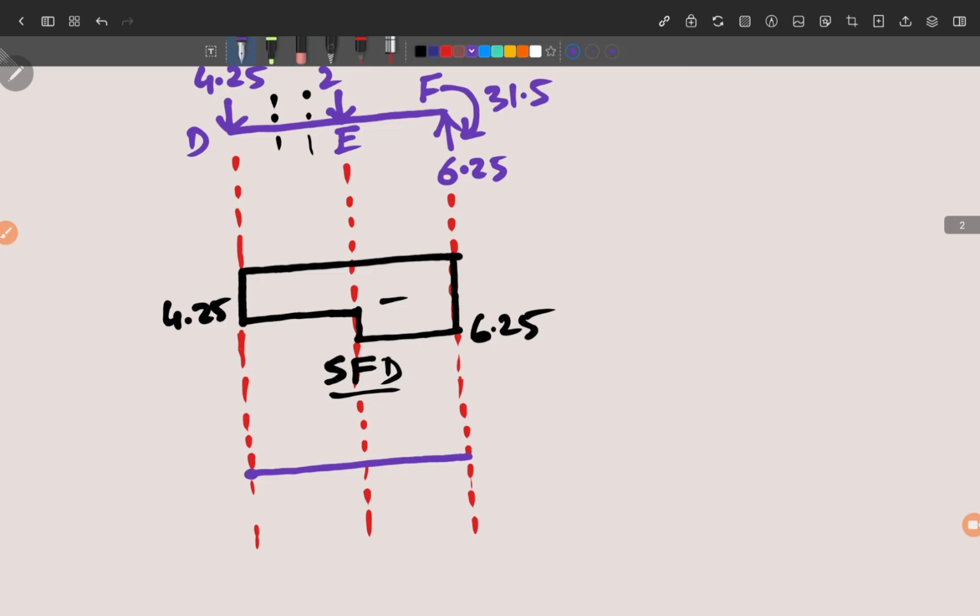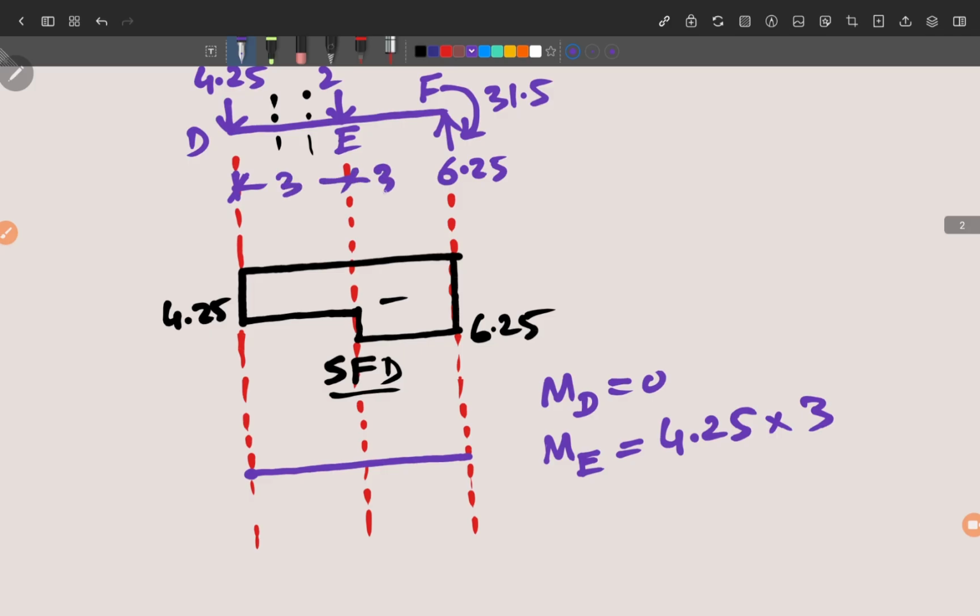Then we calculate the moment at E, which will be 4.25 into the distance, which is 3 from D to E. And the sign for hogging moments will be minus. So this value comes out to be minus 12.75.